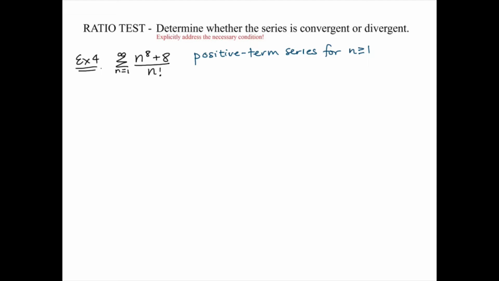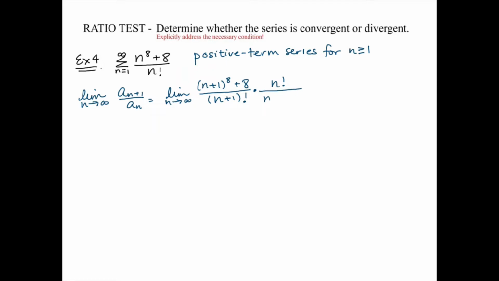And so I'm going to take the limit as n approaches infinity of a sub n plus 1 over a sub n, which is the limit as n approaches infinity of n plus 1 to the 8th plus 8 over n plus 1 factorial. And then dividing by a sub n is multiplying by the reciprocal of a sub n. So this is going to be n factorial over n to the 8th plus 8.